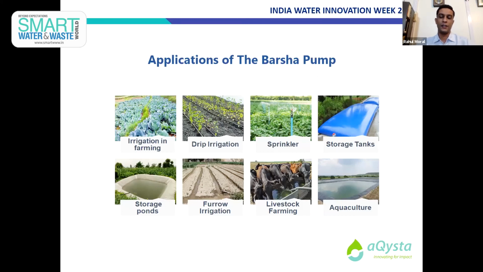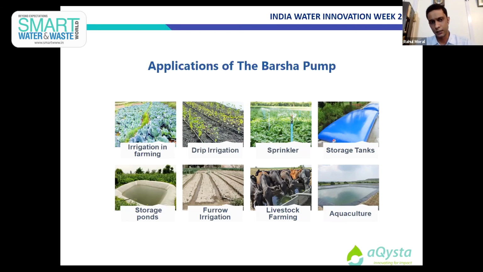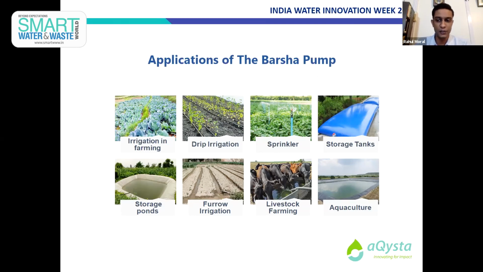So as I've said, it's a versatile design. Its applications are many, and here are just a few of the applications of the Barsha pump. We've used it in irrigation, flood irrigation, which is typically used in our country. It's also compatible and very effective with smart water management systems like drip irrigation, sprinkler systems, and like I said, it's compatible with modern storage tanks that are portable, mobile storage tanks, and storage ponds.